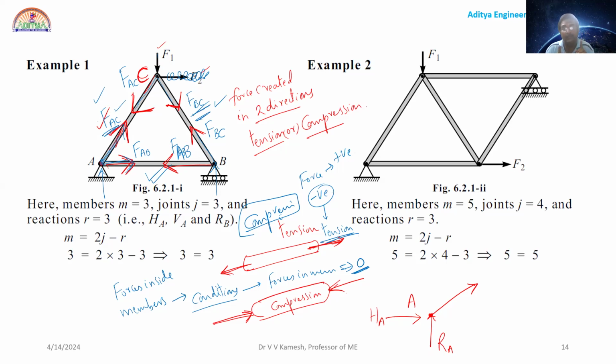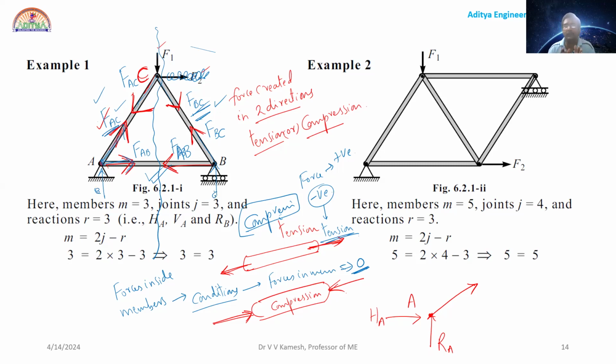When loading is symmetrical and the truss is also geometrically symmetrical, automatically all the members on one side of the section, right? Now you see the section I can make vertically like this. So whatever is on the left hand side, the same is on the right hand side, except the hinge support and roller support.